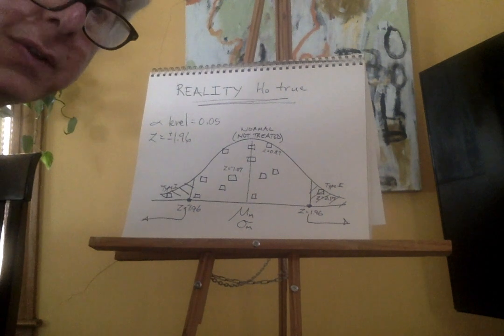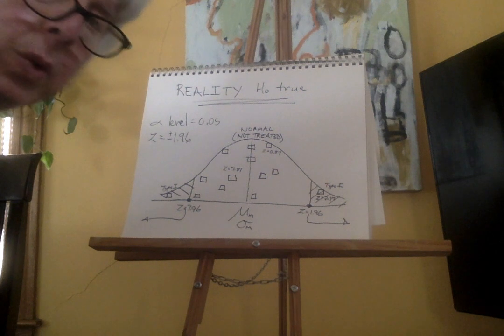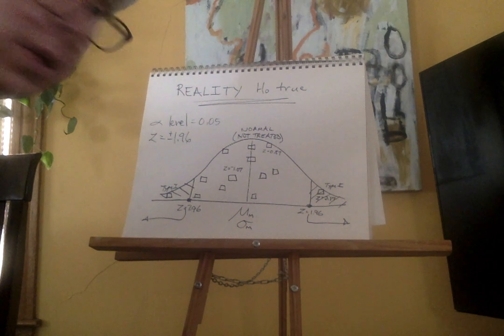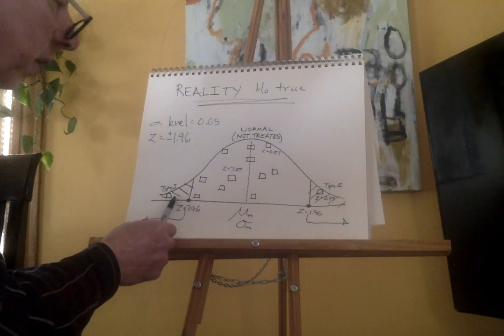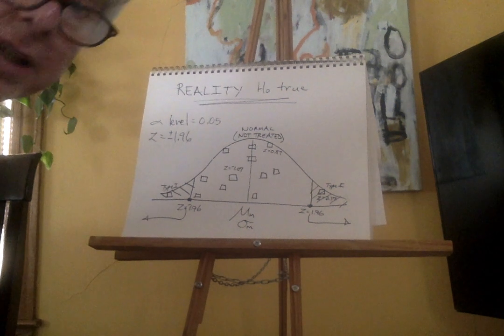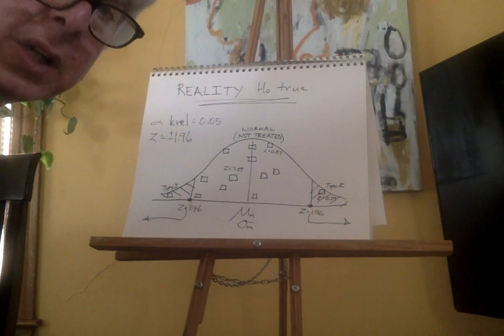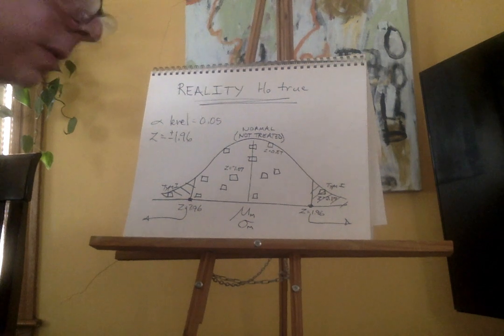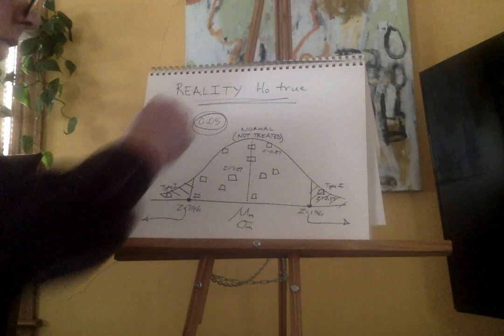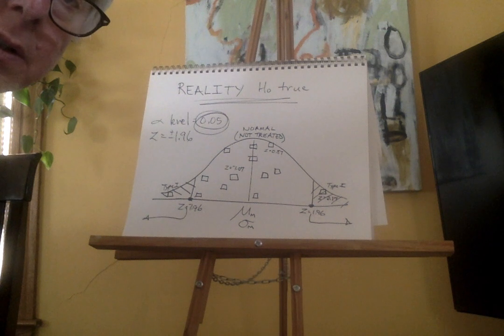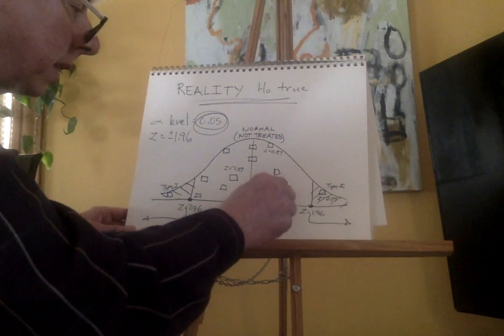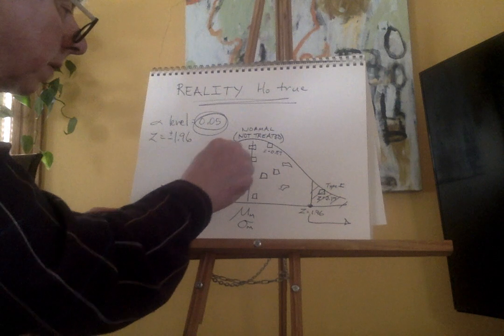What percent of the time will the researcher reject the null and it's a mistake? What percentage of the time in this example? 5%. Okay? Correct decision here, correct decision here, correct decision here.